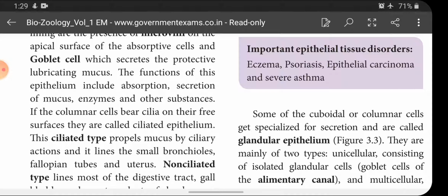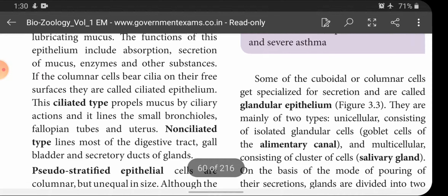If a columnar epithelium bears cilia on its surface, it is said to be ciliated epithelium. Its function is to propel mucus by ciliary action, and it is present in small bronchioles, fallopian tubes and uterus. The non-ciliated type lines most of the digestive tract, gallbladder and secretory ducts of glands.